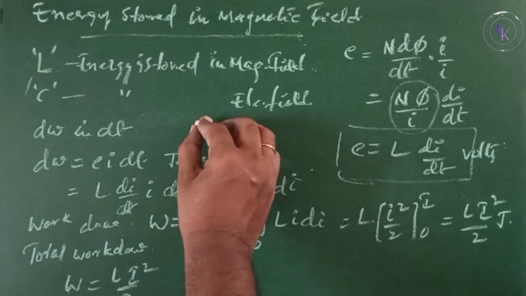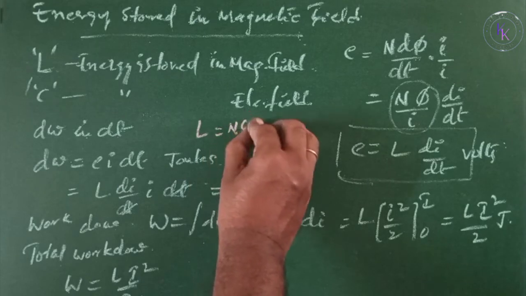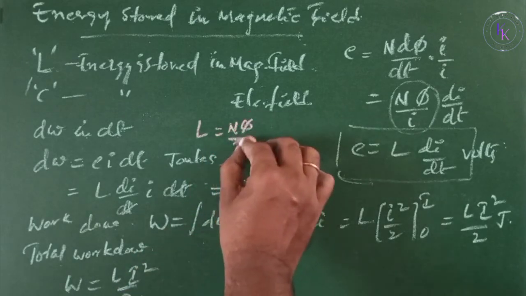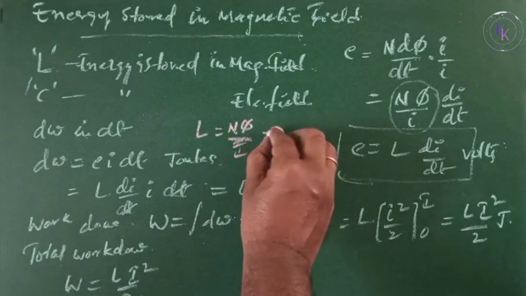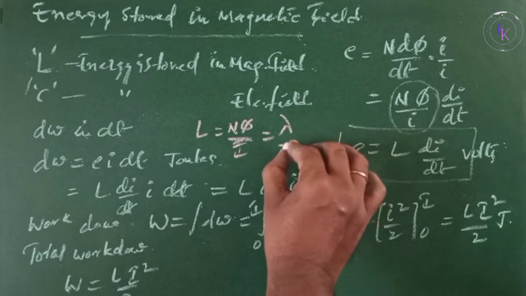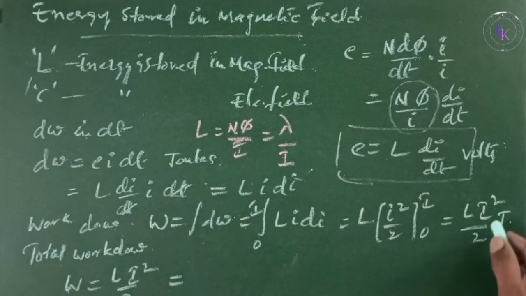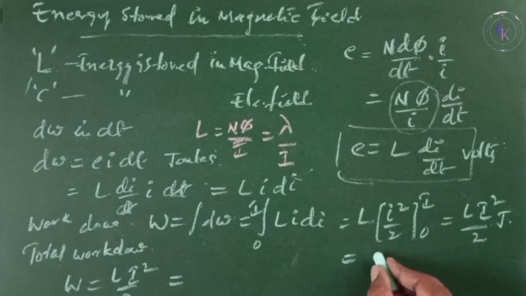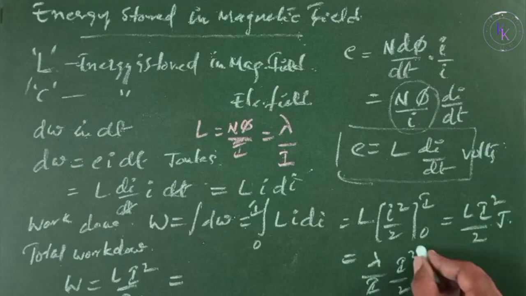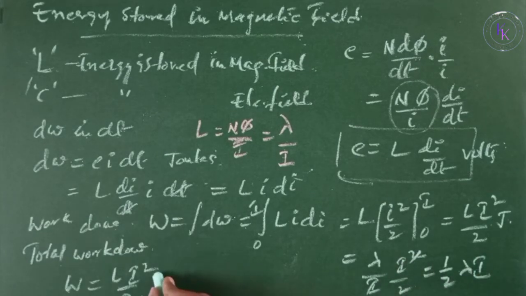And we know that L equals N phi by I, where N phi is nothing but the flux linkage lambda, so L is lambda by I. If you substitute that L value here, you get lambda I square by I times 2, that is half lambda I. In other words, we can write this as lambda, the flux linkage, into the current, divided by 2.